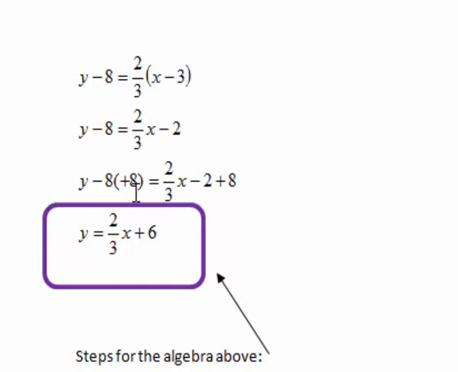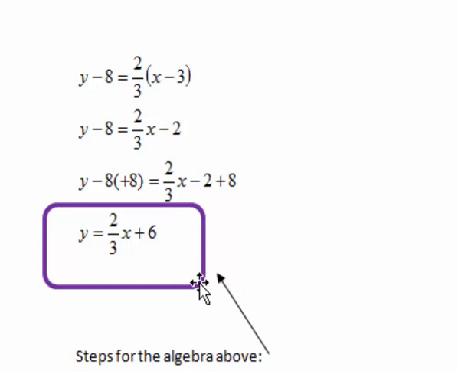I then add 8 to both sides. Y minus 8 plus 8 equals 2/3 x minus 2 plus 8. That gives us the equation of the line in slope-intercept form: y equals 2/3 x plus 6. If I had used the other point, negative 3, 4, I would have had y minus 4 equals 2/3 x plus 3.